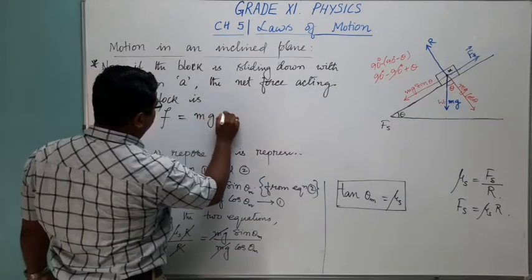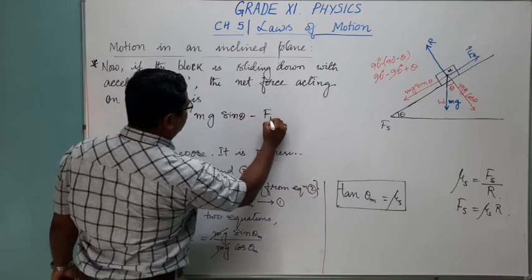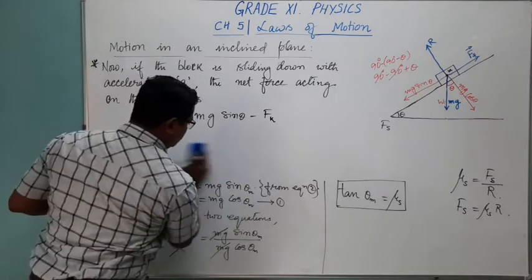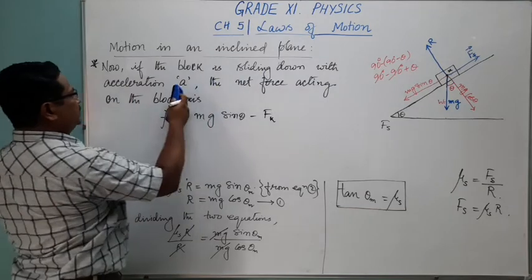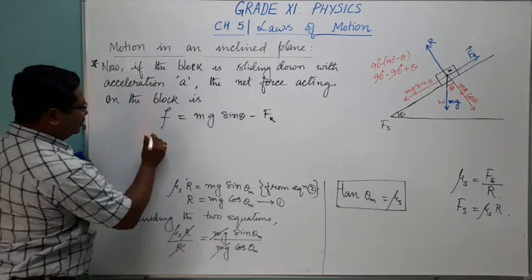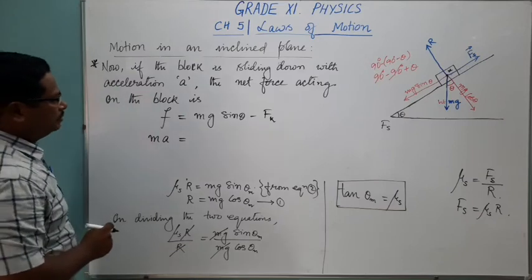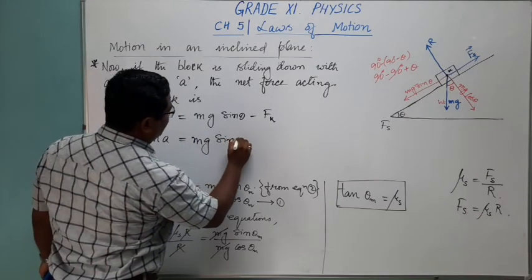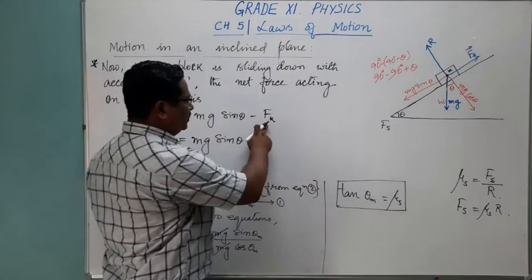So mg sin theta minus Fs will not come, now it will be force of kinetic friction. But we know that the force, if it is F, the acceleration with which it is sliding is a, then by Newton's second law of motion, force is equal to mass into acceleration. We'll put it here like this, mg sin theta minus Fk, force of kinetic friction.